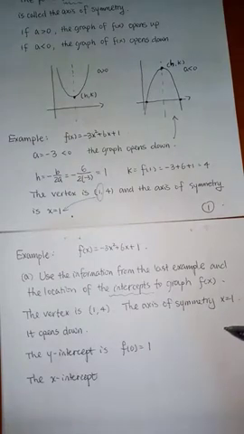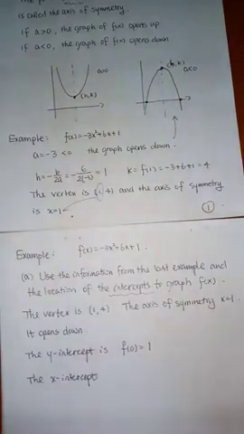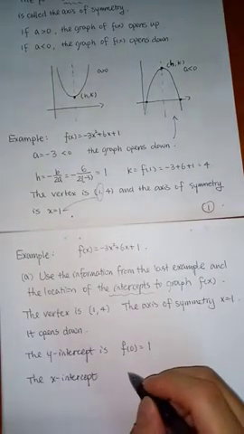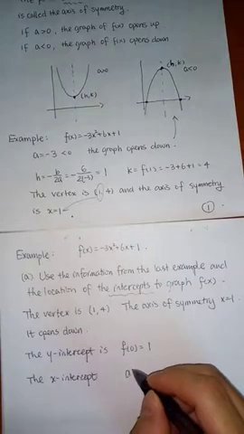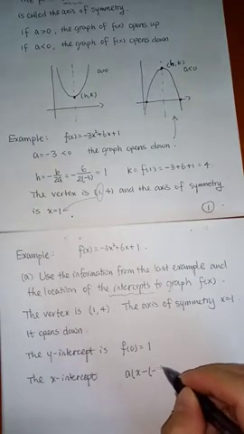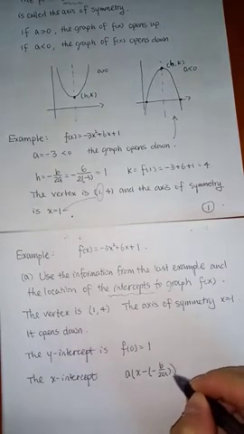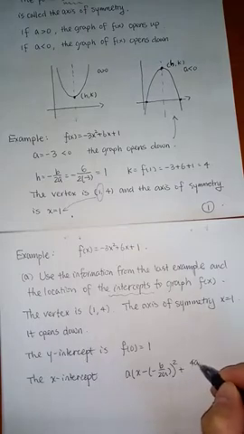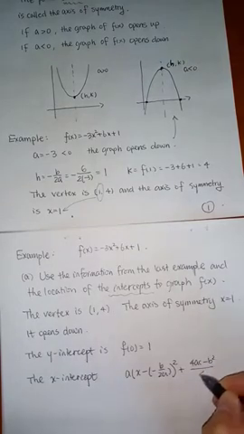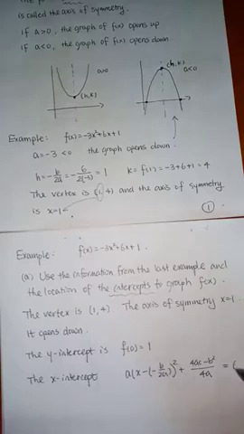For the x-intercept, we do have the quadratic formula. Remember that we have a times (x minus negative b over 2a), where this is h, plus (4ac minus b squared) over 4a, equal to 0.